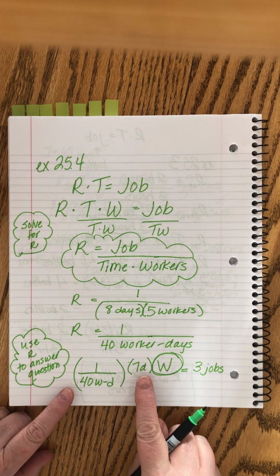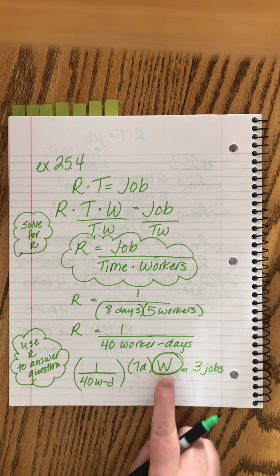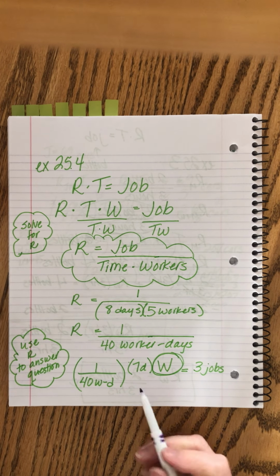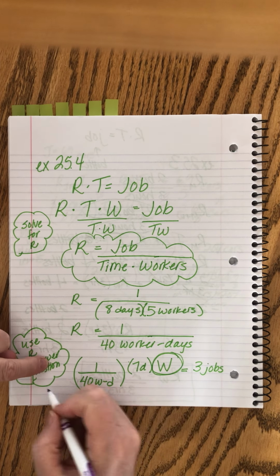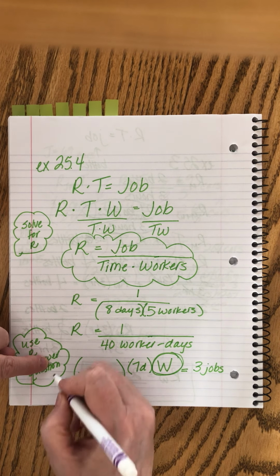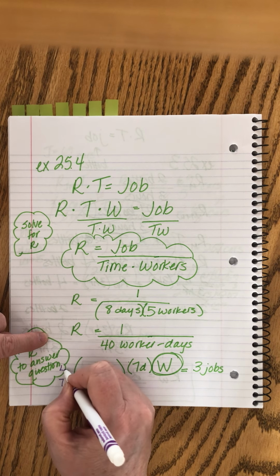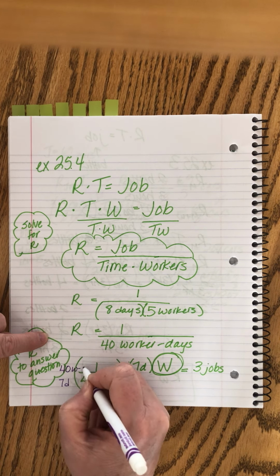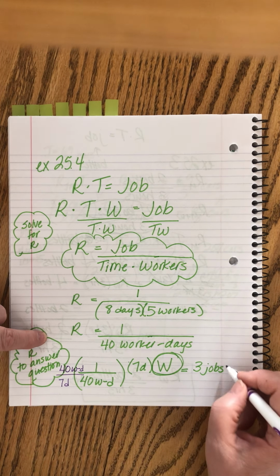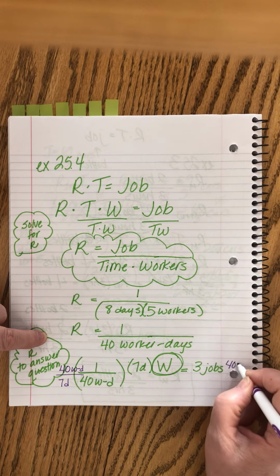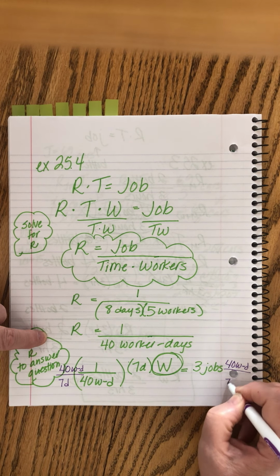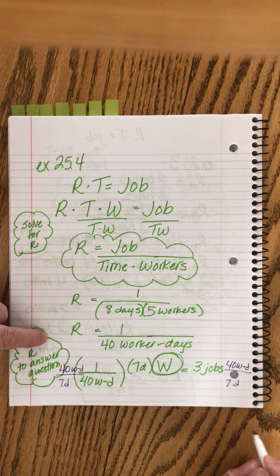To get this W by itself, we're going to multiply by a reciprocal. 7 days needs to be on the bottom so I can cancel it. And 40 worker days needs to be on the top so I can cancel that. So then I'm going to multiply over here 40 worker days over 7 days.